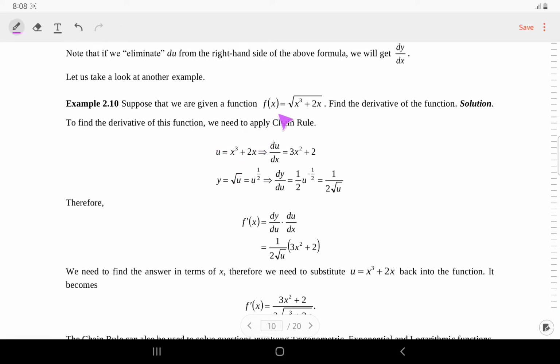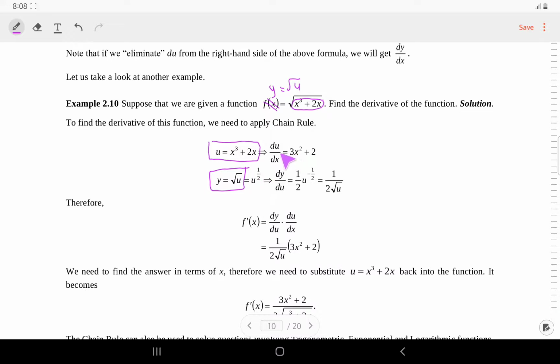And then our original function y equals the square root of u, since we assumed the inside as u. So this is the second function, and this is the first function, where we assume u equals x cubed plus 2x. Square root of u is equal to u to the power of half.